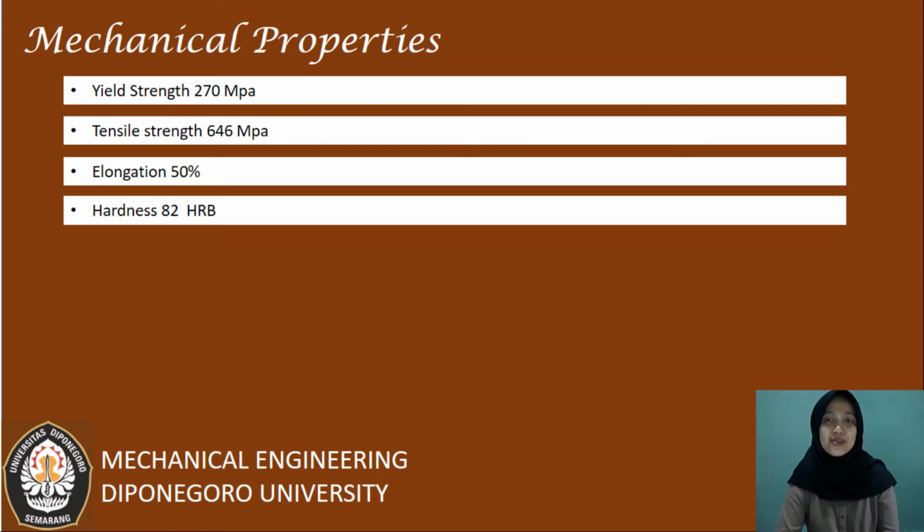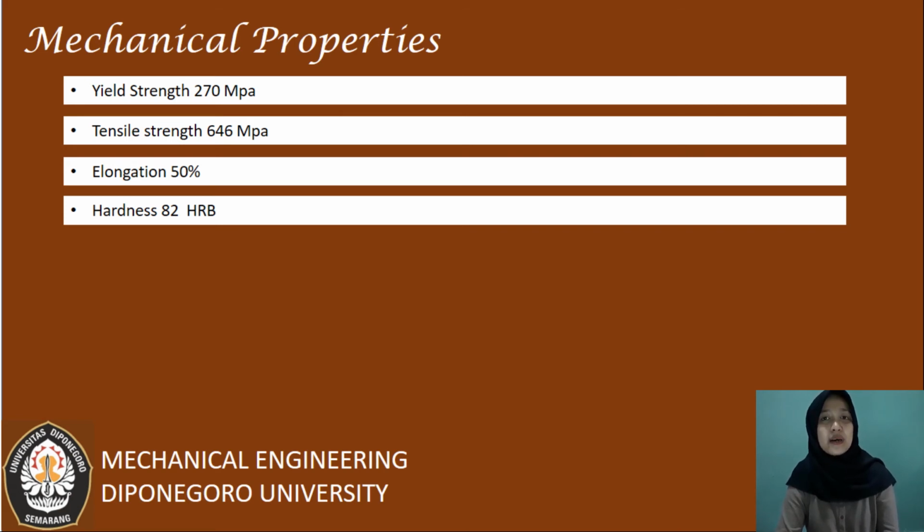First, the tensile strength of the stainless steel is 646 megapascal, the yield strength is 270 megapascal, the elongation is 50%, and the last, the hardness, is only 82 HRB. So that's all about the properties of stainless steel, for both AISI 304 and AISI 316.